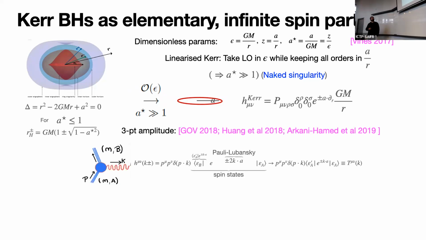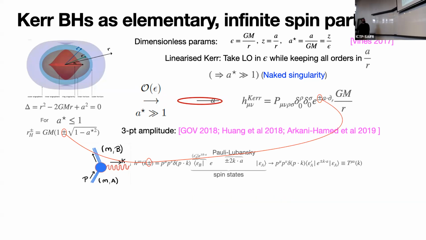The nice connection to the scattering amplitude story is in a couple of papers by Guevara, Ochirov, Vines, and collaborators, in which they realized that if you compute the three-point scattering amplitude for a massive particle of infinite spin emitting a graviton, this amplitude has a very similar exponential structure. And it turns out that if you use this amplitude as a source on the right-hand side of Einstein's equation, what you recover is the linearized version of the Kerr metric.